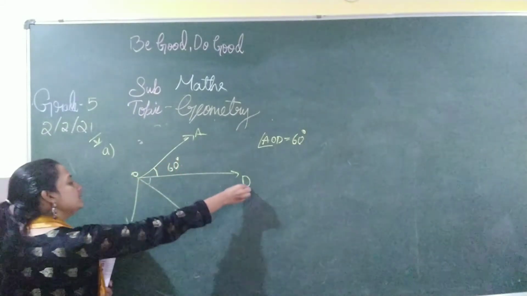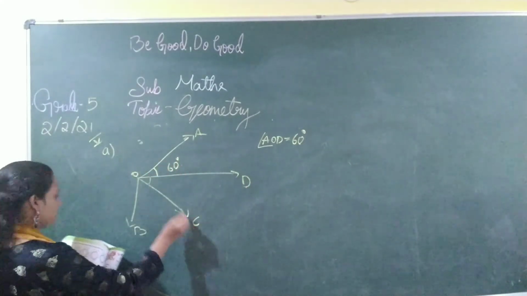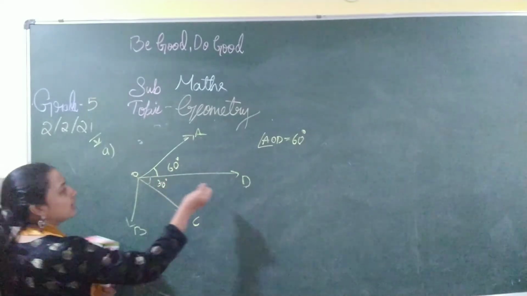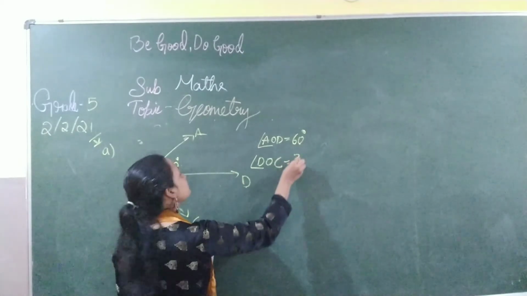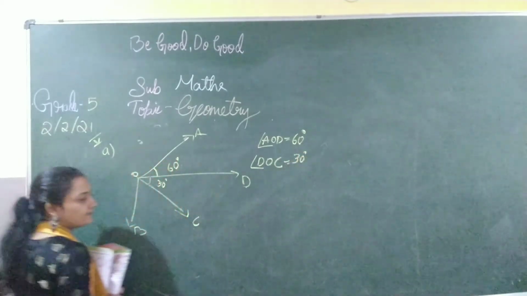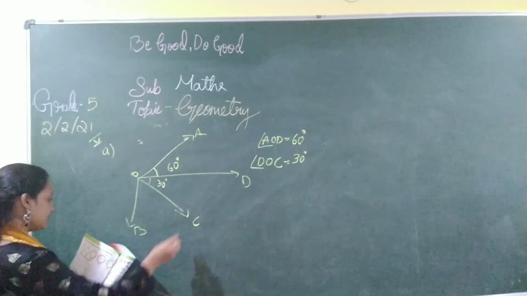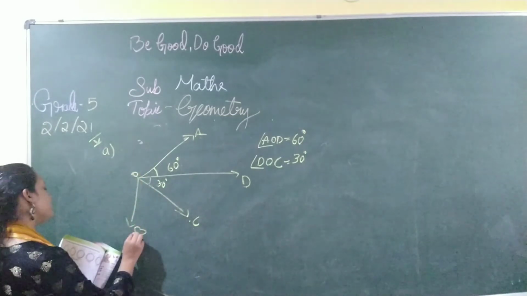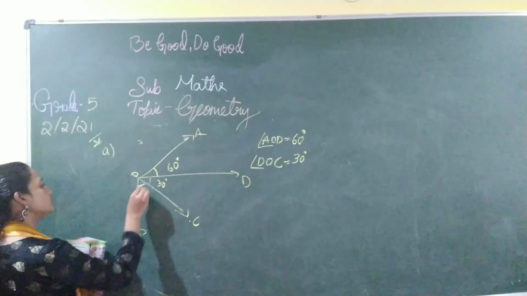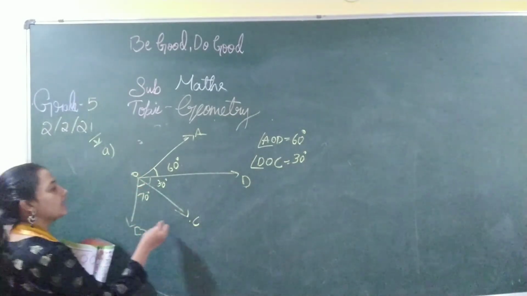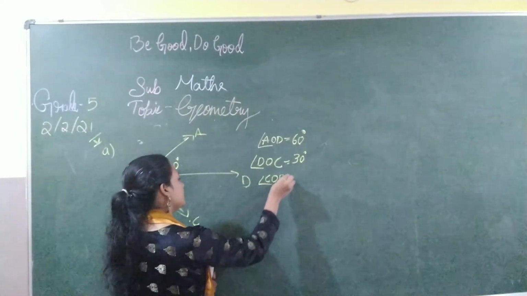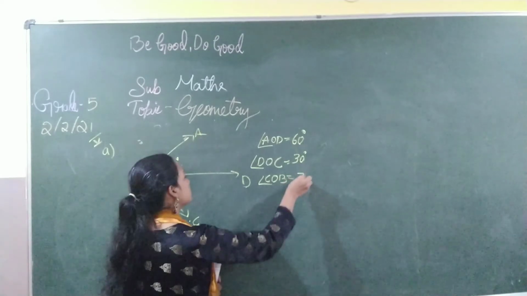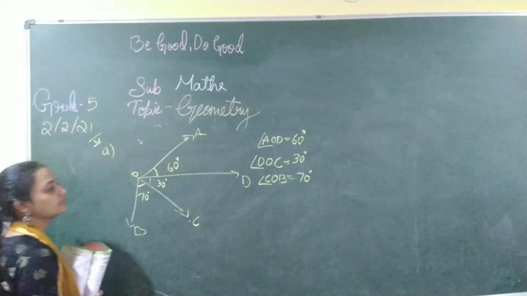Next angle DOC is 30 degree. Angle DOC is 30 degree. The next angle is COB, that is equal to 70 degree. Angle COB, this angle is equal to 70 degree.